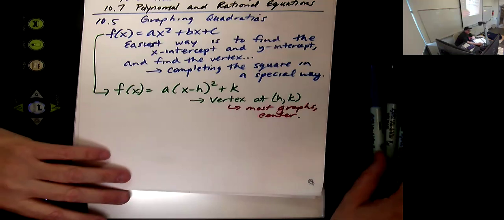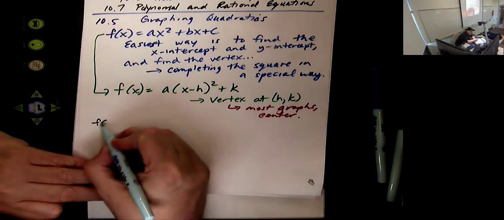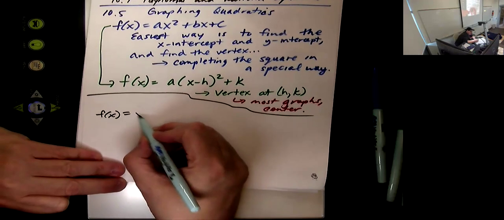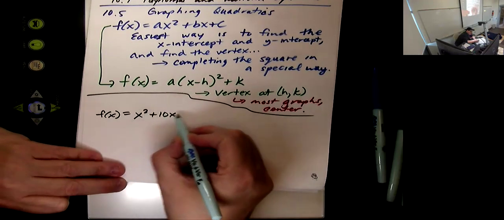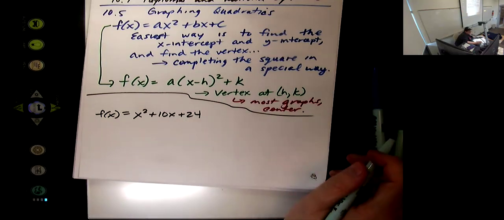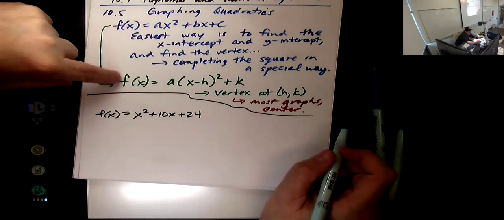So let's take a look at doing some practice. Let's say f of x equals x squared plus 10x plus 24, and we want to make it look like this form up here.